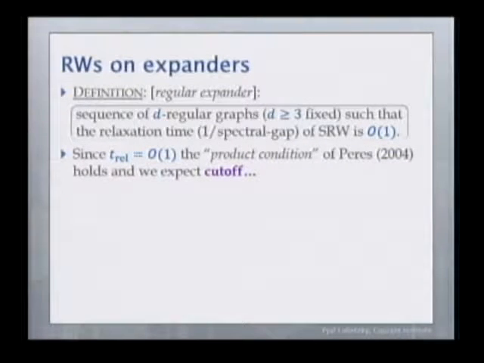You can engineer the counterexamples that are known, and you can build an expander that violates this. But at least I think the bulletproof way of saying it is that there ought to be cutoff when the product criterion holds and there is cutoff.